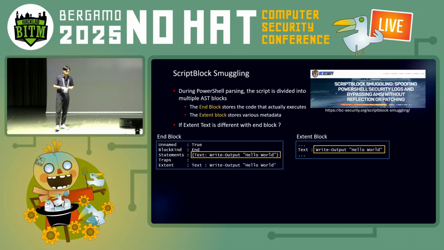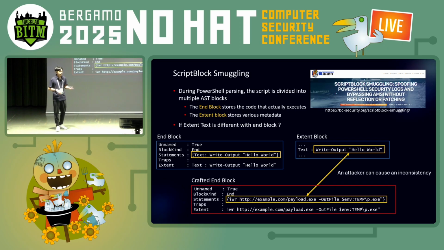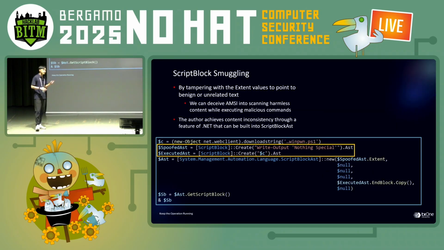Normally the main block and the extent block should be the same command line text, but an attacker could craft a main block with a different command line to bypass event logging. That is the payload of script block smuggling. As you can see, the spoof AST creates a script block using the command Write-Output, nothing special.